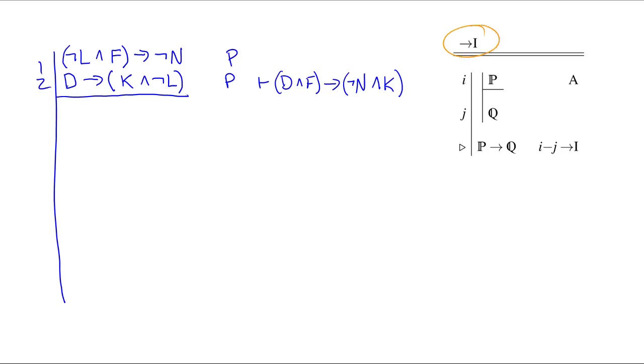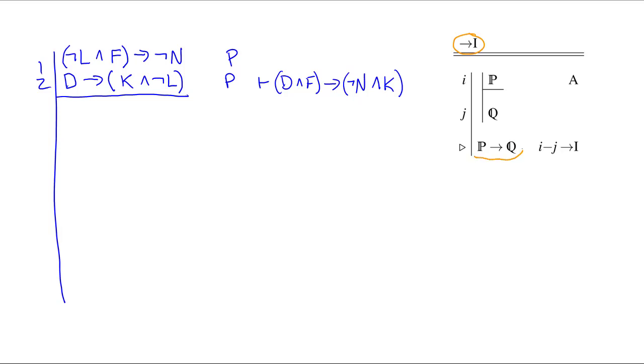Notice I'm keeping it relatively simple by just having two primary assumptions, although those formulas themselves are a little bit complex, and our goal statement is a little bit complex. One thing we'll talk about in a separate video is the goal analysis method. But you can see here that the main connective of our goal is a conditional, and one of the best ways to produce a conditional is conditional introduction.